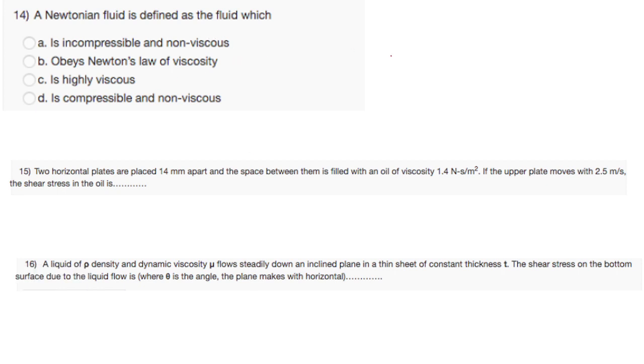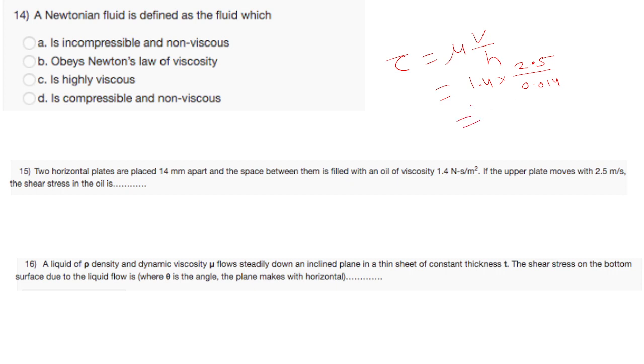For question 15, solve it based on that. The mu value here is 1.4, into v which is 2.5, and the depth between the plates is 14 mm, that is 0.014.